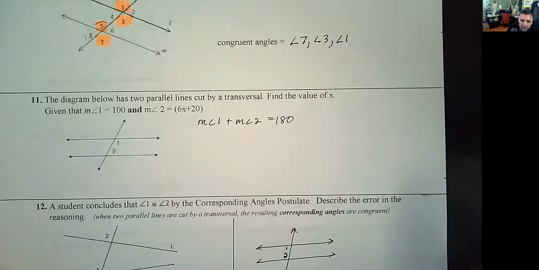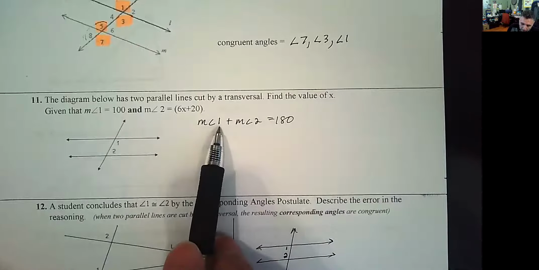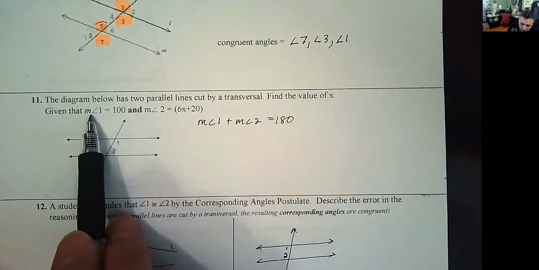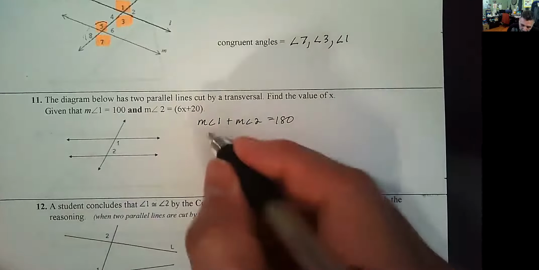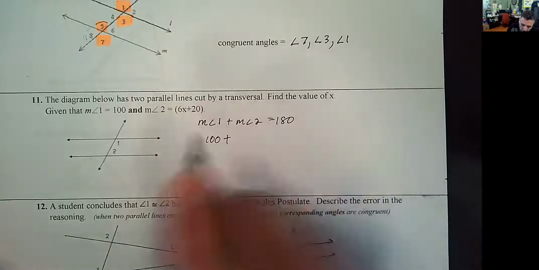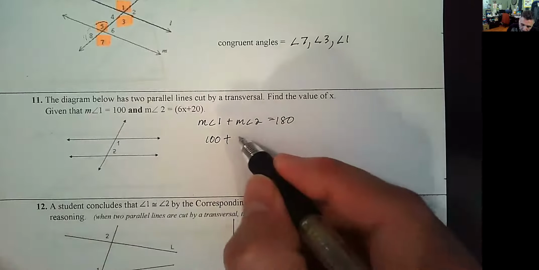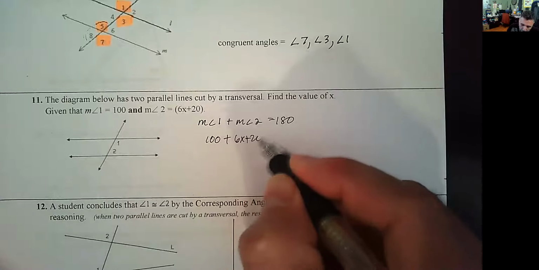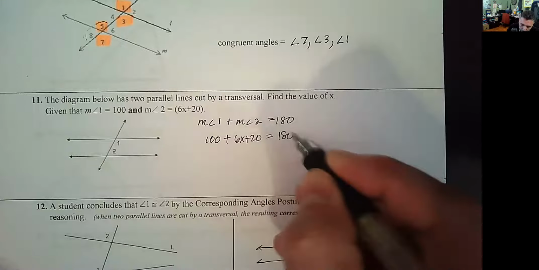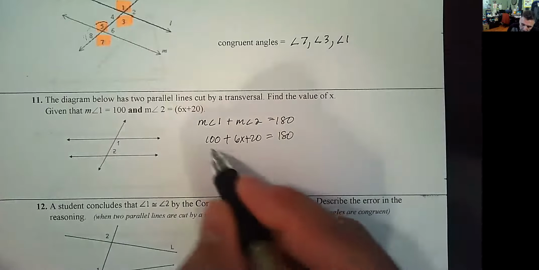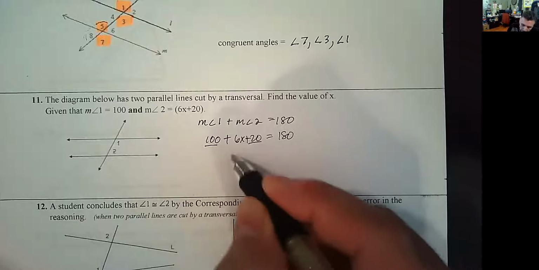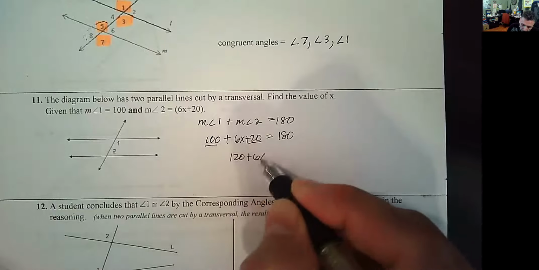Now that I figured out that they add up to 180, I'm going to make my substitutions. Measure of angle 1 is 100. Measure of angle 2, 6x plus 20. That equals 180. Combine like terms. Bring down the rest.